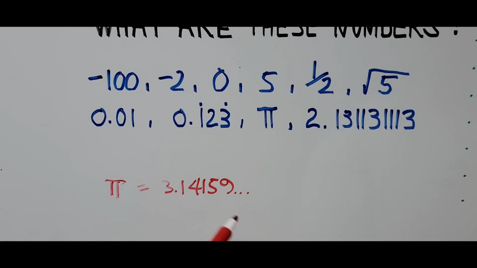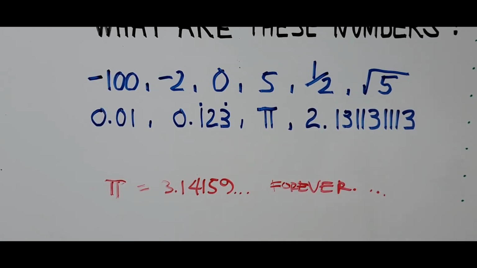That means the decimal place of this number is never ending. It goes to infinity. There's no pattern, non-terminating and non-repeating decimal numbers. So that means this goes on forever. It goes forever.